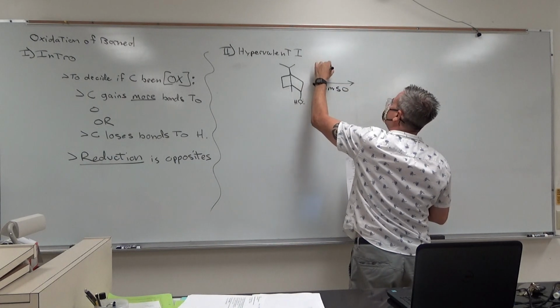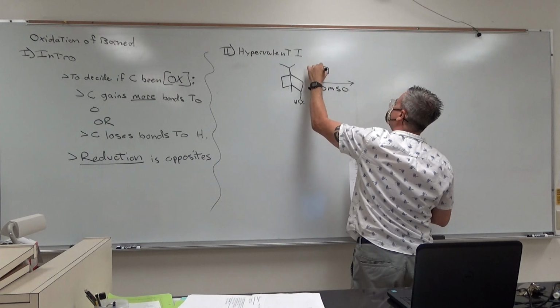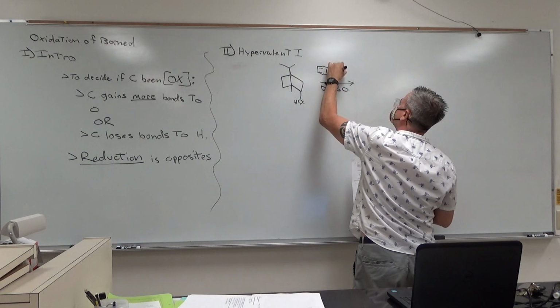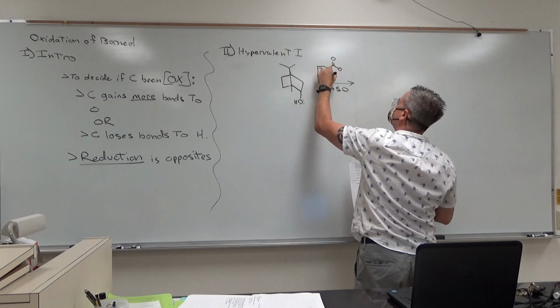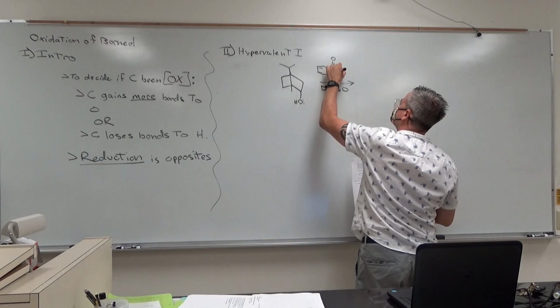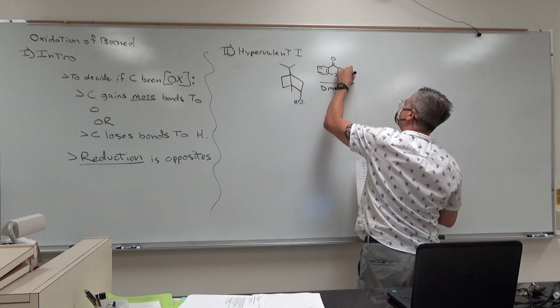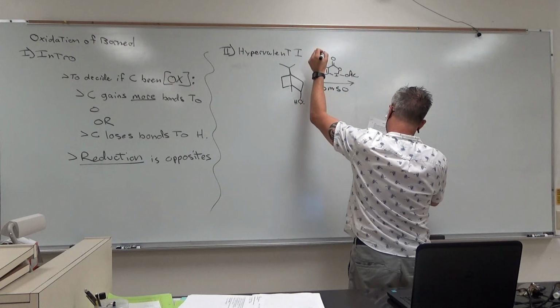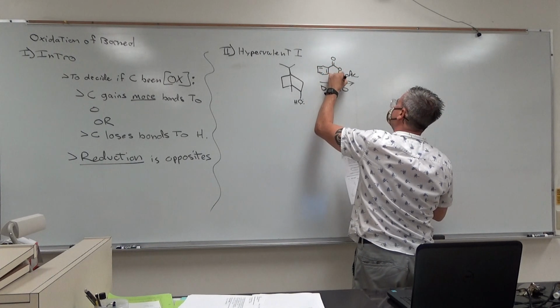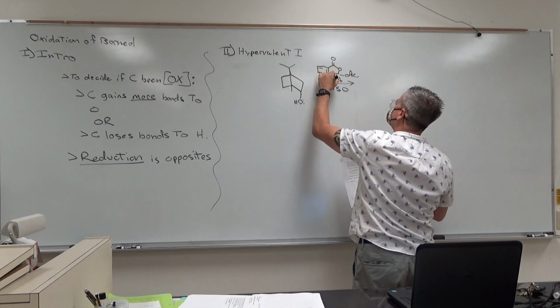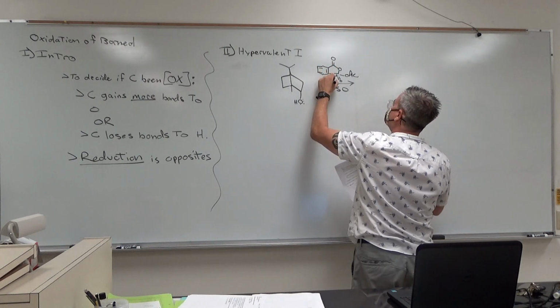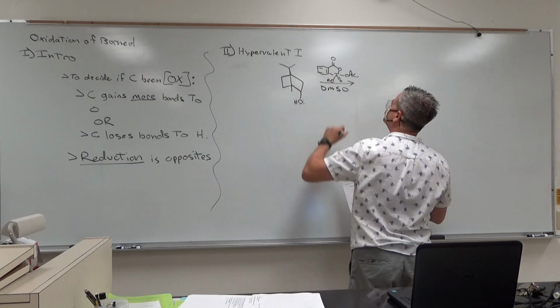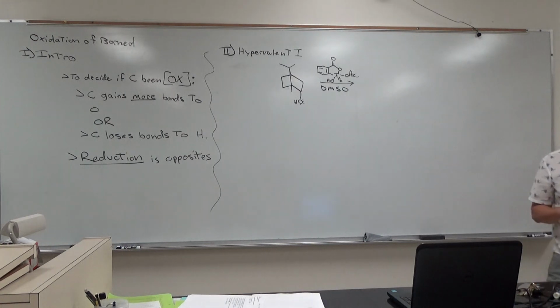Our IBX reagent is our hypervalent iodide. Yeah, look at this iodide. It has 5 bonds to oxygen. Okay, oxygen is more electronegative. That means those bonds are not very equally shared.